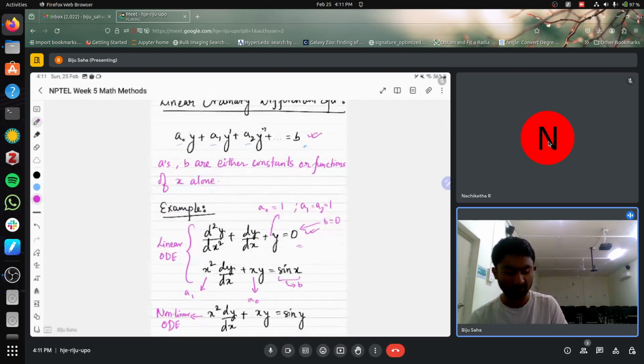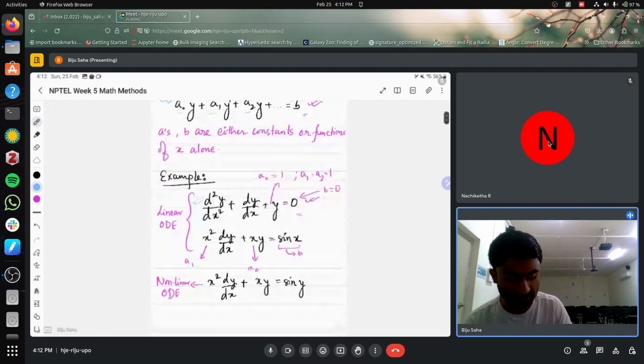In this differential equation, when we compare with the prototype given here, we see a0 is equal to 1, a1 and a2 are both equal to 1, and my b is equal to 0. The requirement was that the coefficients and the b part have to be either constants or functions of x alone. Since they are constant, we can conclude that it's a linear ordinary differential equation.